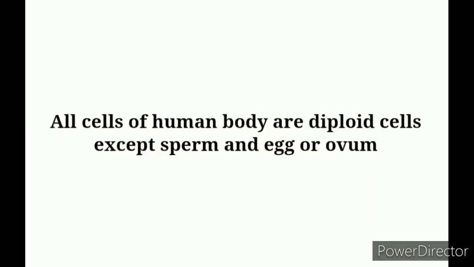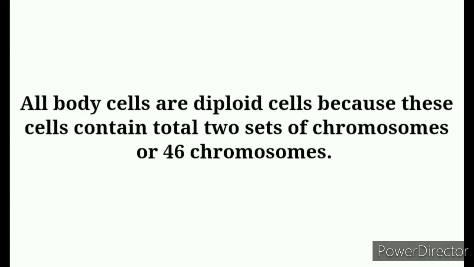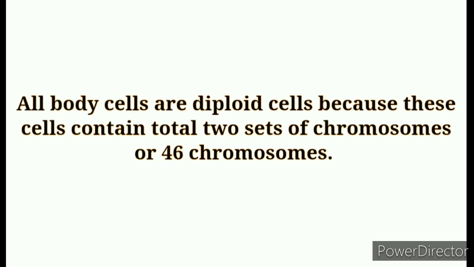All the cells of the human body are diploid cells except sperm and egg or ovum. All the body cells, like cells of our hands, cells of our legs, liver cells, lung cells, are diploid cells because these cells contain a total of 2 sets of chromosomes, or a total of 46 chromosomes.